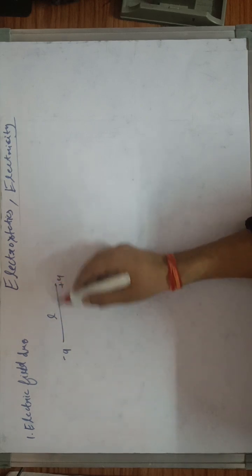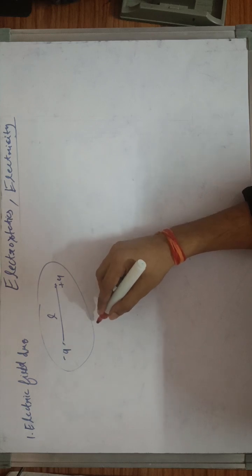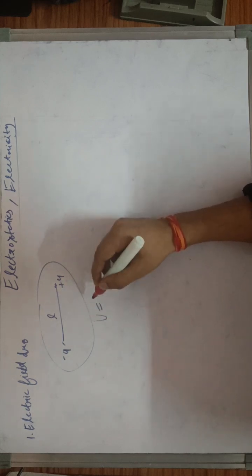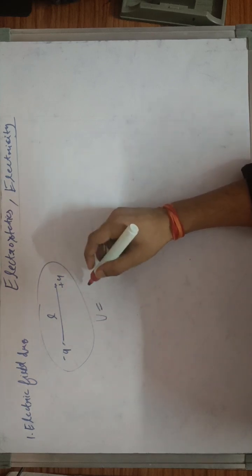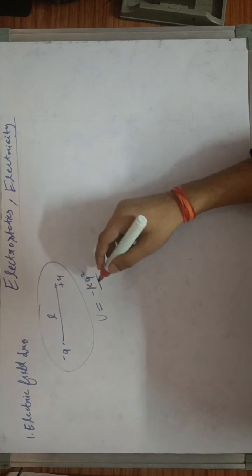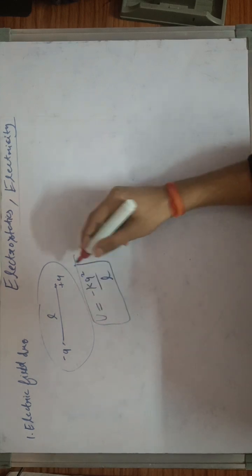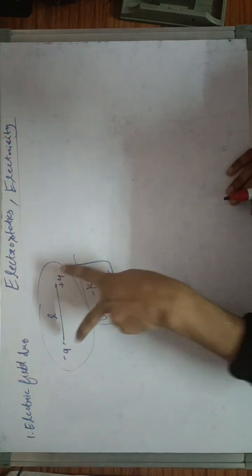So there is a length L between them, and these are the charges. Then this system has some potential energy. This potential energy U is given by minus k q square divided by this length. So this becomes the potential energy of this system.